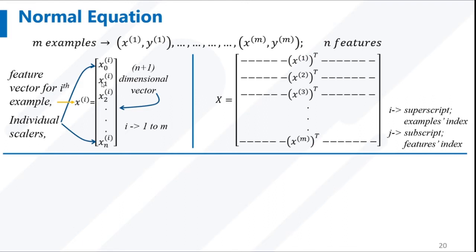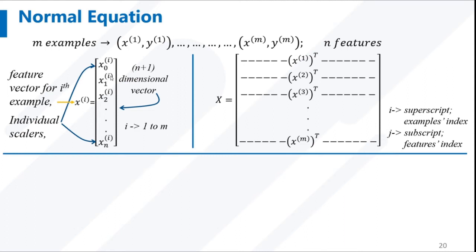This is x1, my first feature, the size of the house. This is the second feature, the number of bedrooms, etc. So the features are in a column, but you have to place the feature values in a row.